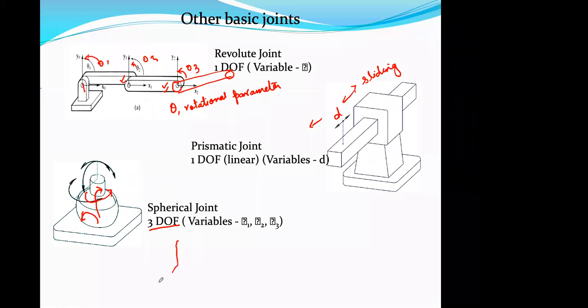Wherever you have 3 degrees of freedom rotation, how can we show it on one axis? If it is the x-axis, the y-axis, and the z-axis, rotation can be shown like this. So there will be 3 translational and 3 rotational.